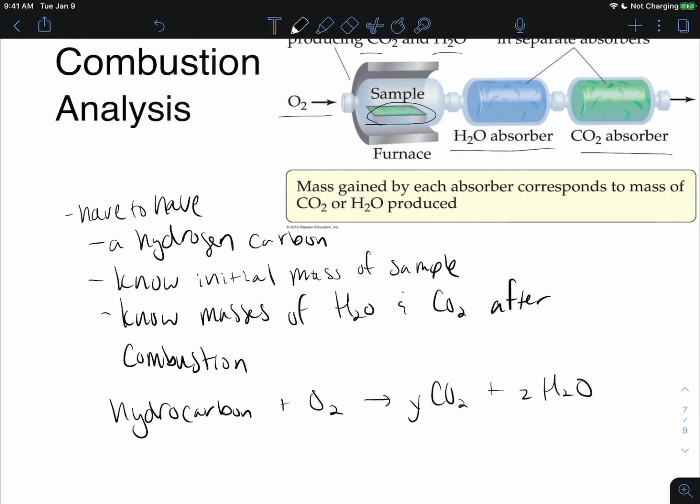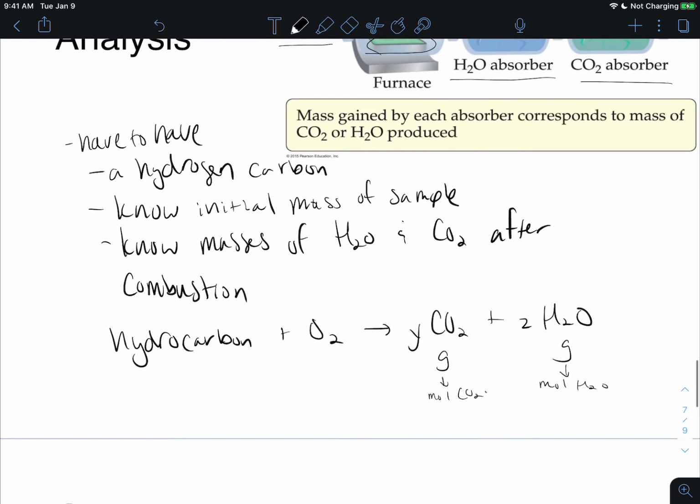From this information, you're basically going to go from grams of carbon dioxide and grams of water into moles of carbon dioxide, moles of water, and then from there, you can get to moles of carbon and moles of hydrogen. And here is how you can find your empirical formula.